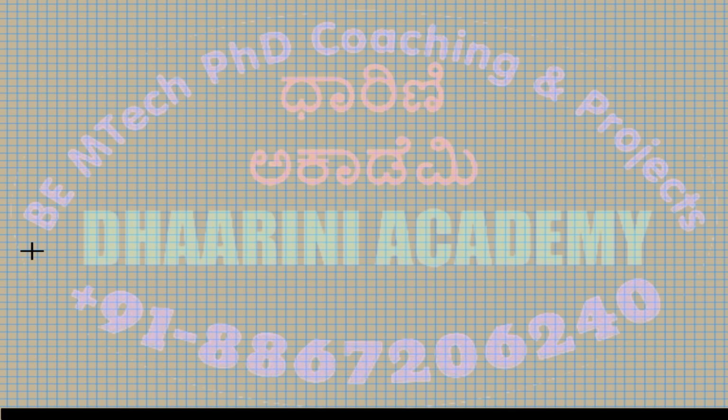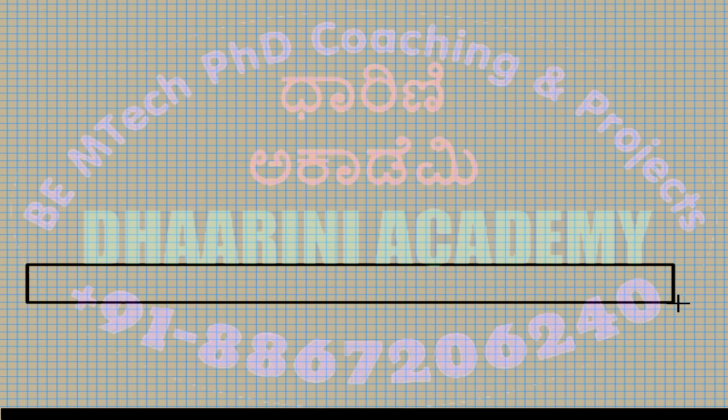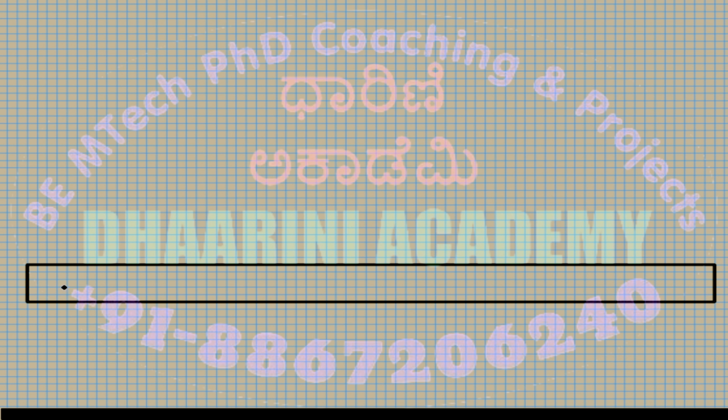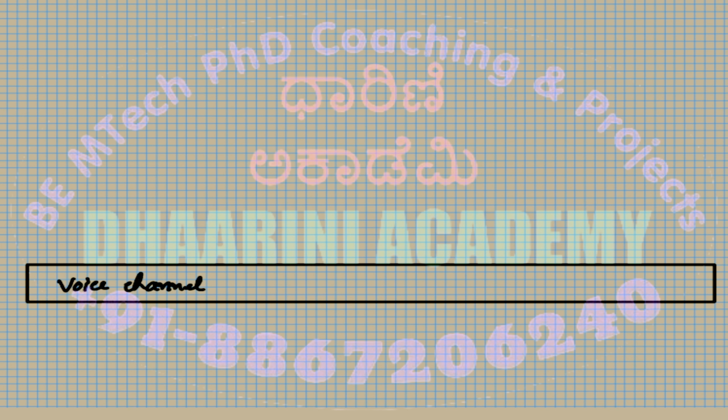I'll try to draw a single diagram for this. Let me divide this into four. So first one is the voice channel. This is the actual design part, right? What you are supposed to design when you are trying to communicate. So the first part is for the voice channel, right?